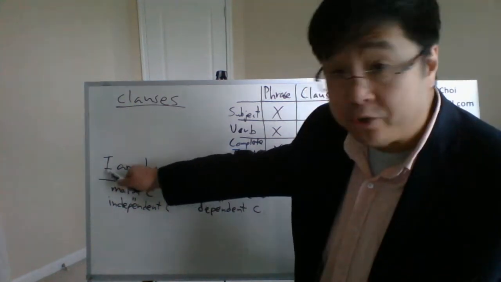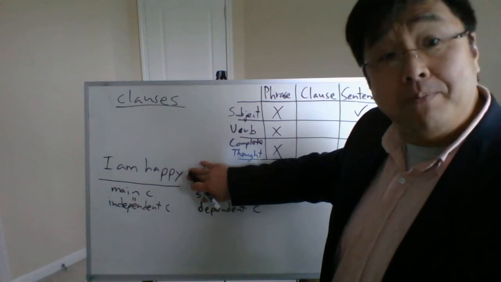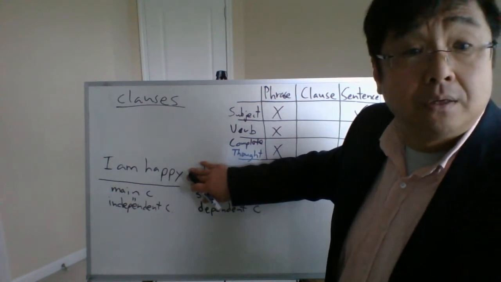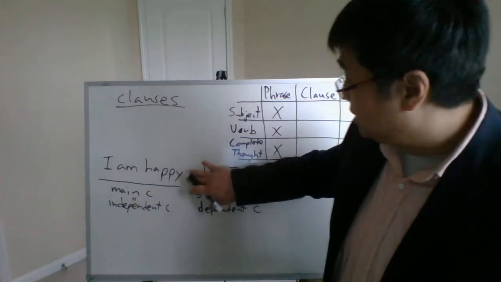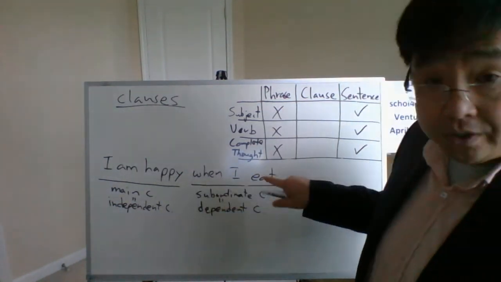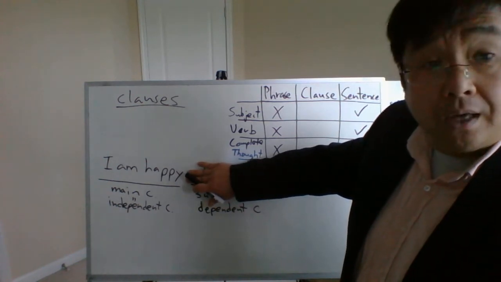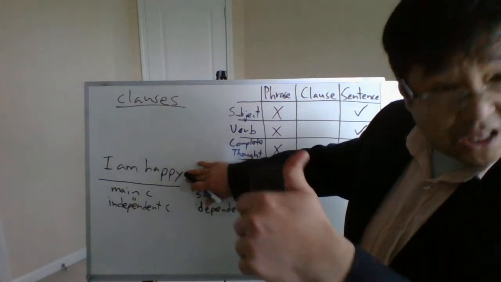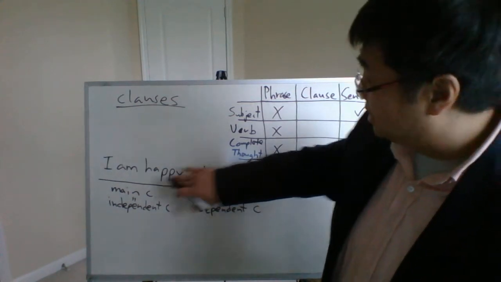It's got a subject, verb, and it's a complete thought. So this is totally independent. That clause does not need this clause. If you cover that up and get rid of it, I am happy. Independent. It's the main clause. It can be a sentence.